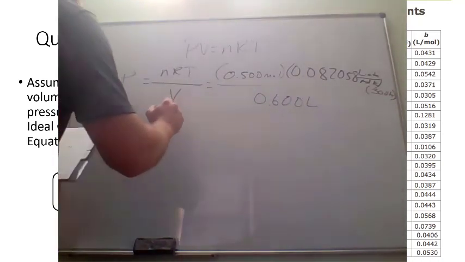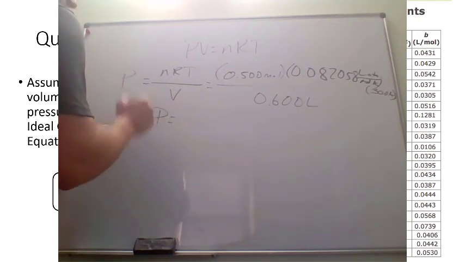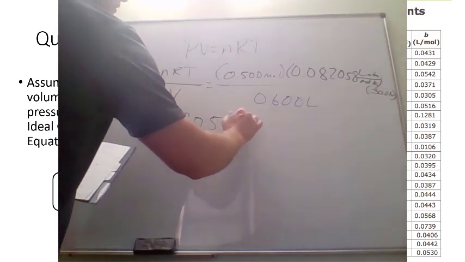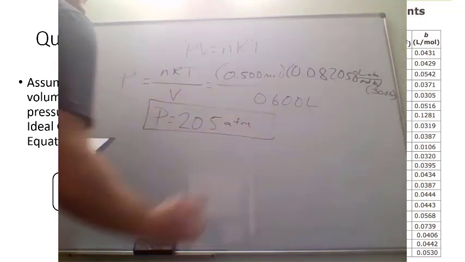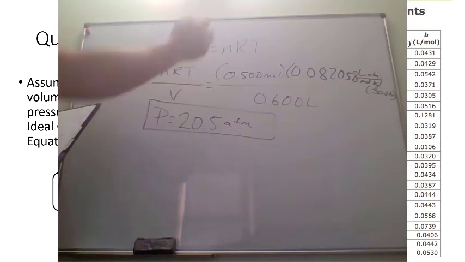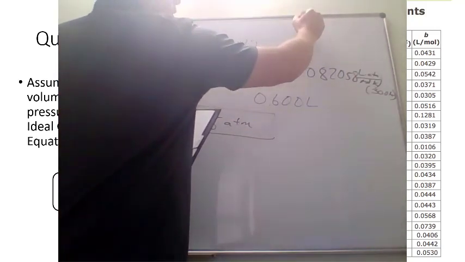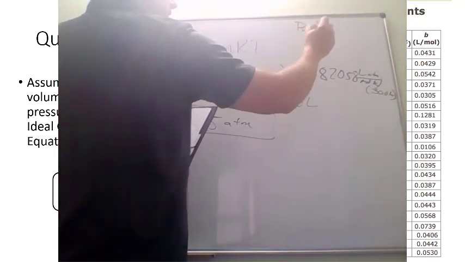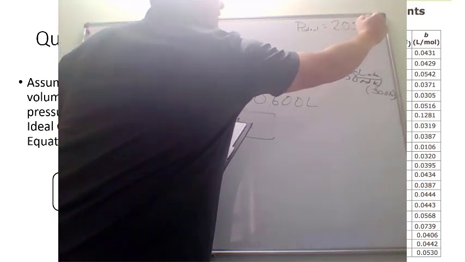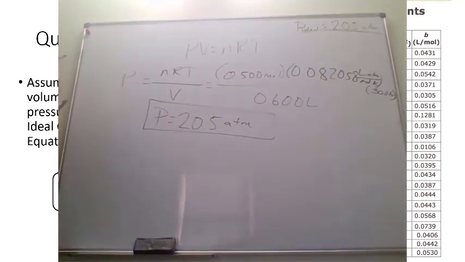So we can plug and chug here and say that our pressure in the ideal condition is equal to 20.5 atmospheres. Okay, so just for convenience, I'm going to write that up here in the upper right-hand corner. So our pressure for the ideal equation is equal to 20.5 atmospheres.